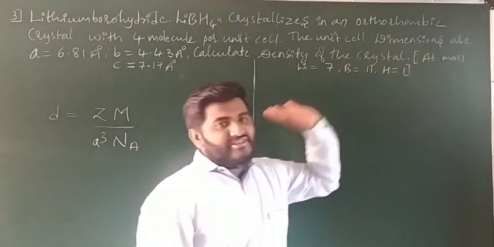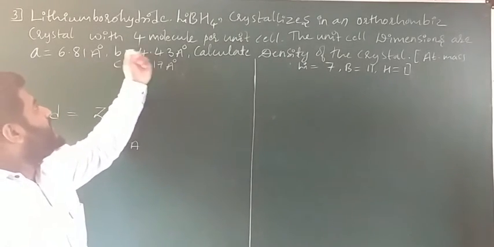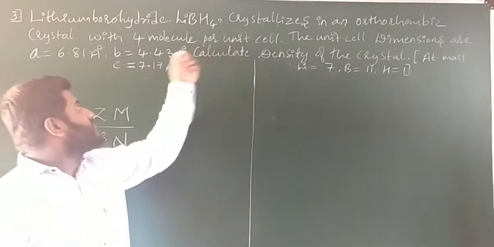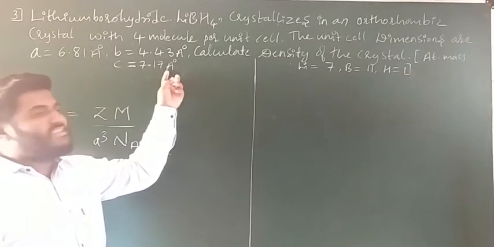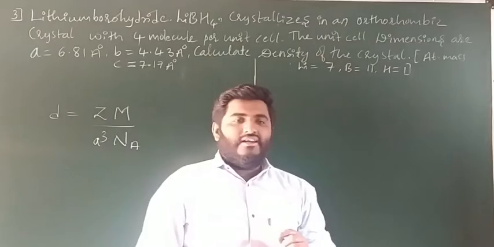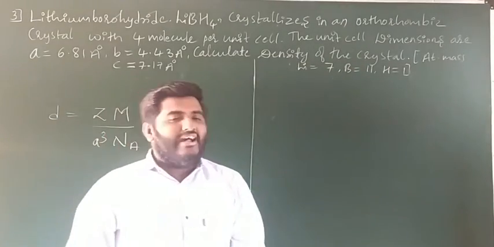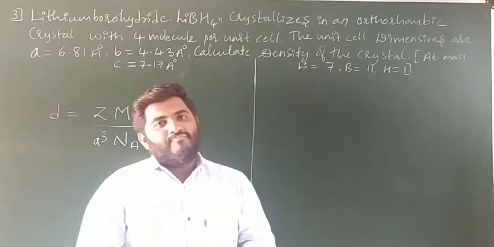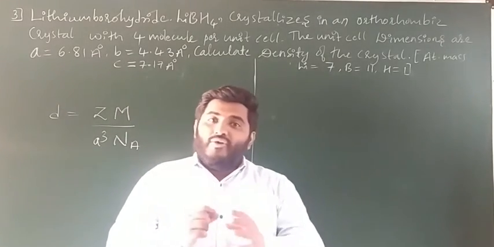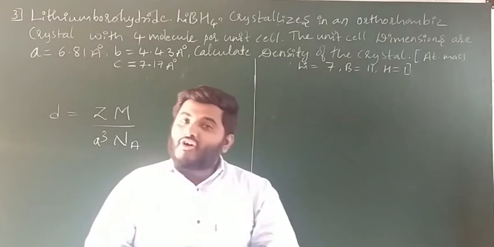The unit cell dimensions are A is equal to 6.81 angstrom, B is equal to 4.43 angstrom, C is equal to 7.17 angstrom. Calculate the density of the crystal. And they have also given the atomic mass of lithium is 7, boron is 11 and hydrogen is 1. That means lithium borohydride crystallizes in an orthorhombic unit cell.